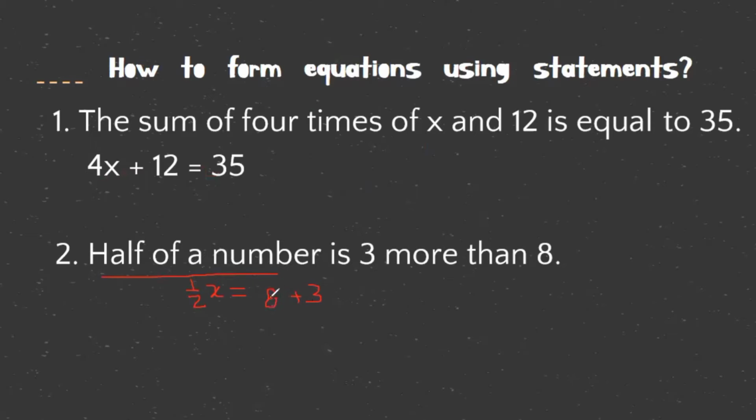So this is the equation following the given statement: half of x is equal to 8 plus 3. Got it? So this is the method to find the equation by following the given statement.